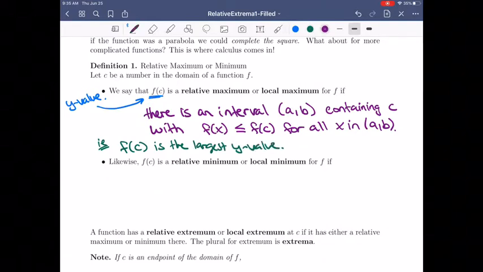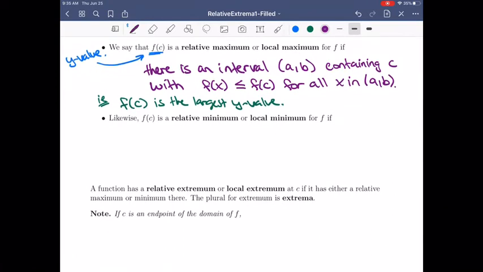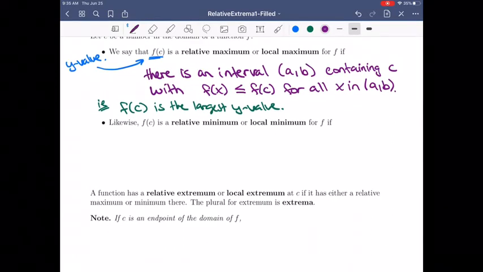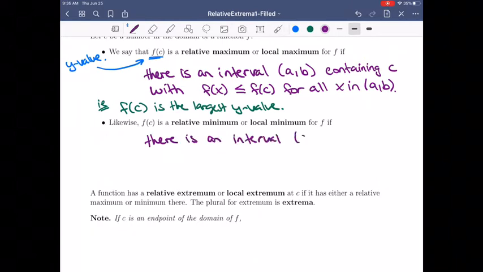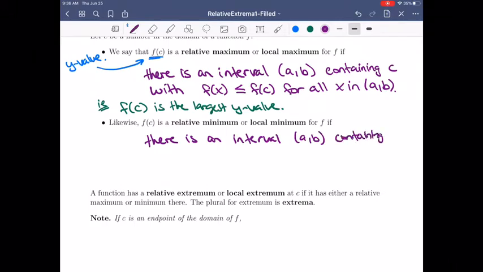Similarly, f of c is a relative minimum if there is an interval a, b that contains c, where f of c is actually the smallest. So f of x is always bigger than or equal to f of c for all x in a, b.